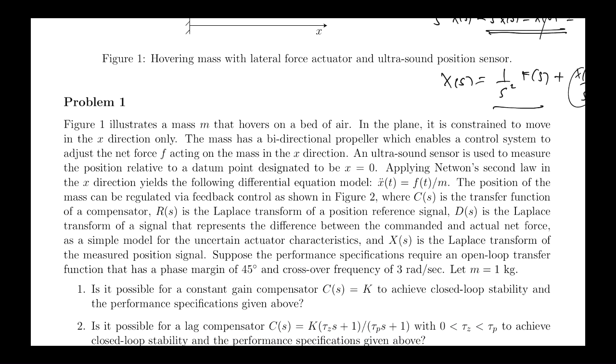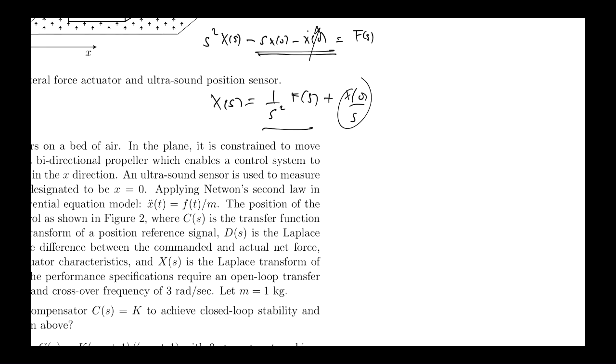The first question is saying, what can we do with a constant gain controller? Is it possible to achieve closed loop stability with just a constant gain controller? Well, if we've just got a constant gain controller, then our characteristic polynomial will look like s squared plus k, where k is the gain of the constant controller.